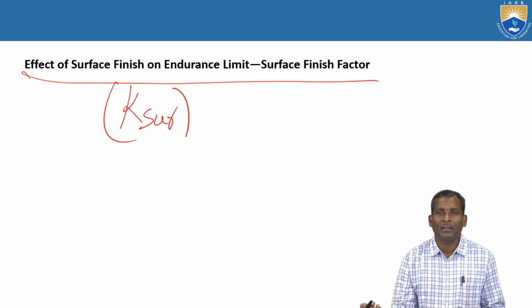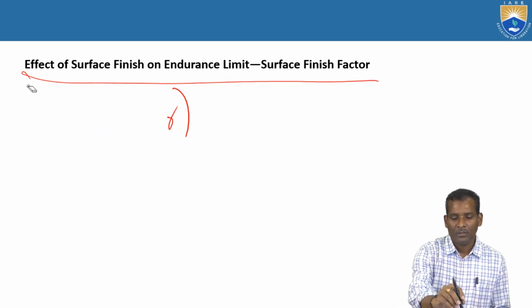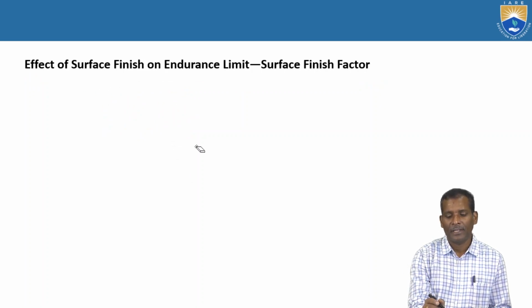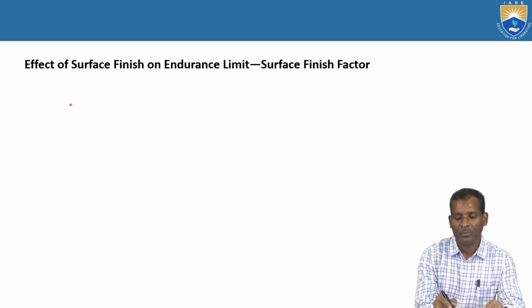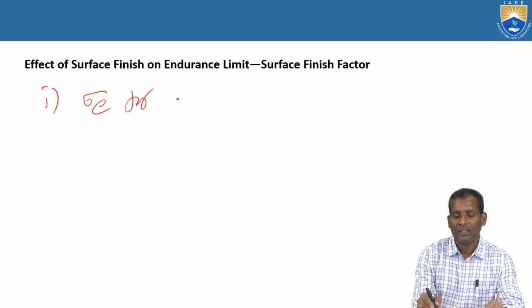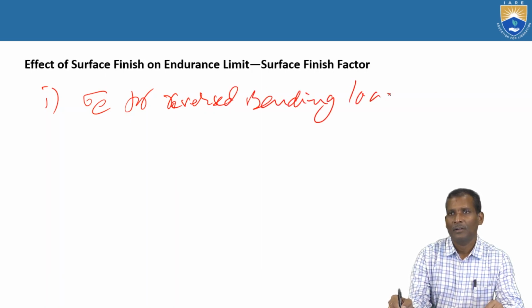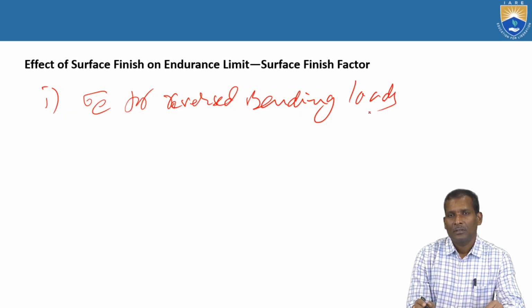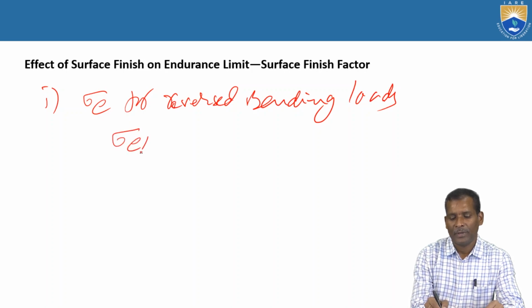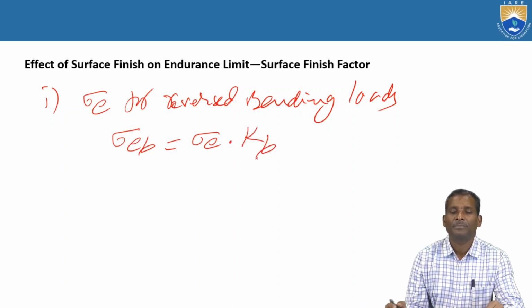So again, calculate the endurance limit for reversed bending load, reversed axial load and shear load. First, the endurance limit sigma E for reversed bending load. We already calculated sigma EB equals sigma E multiplied with KB.